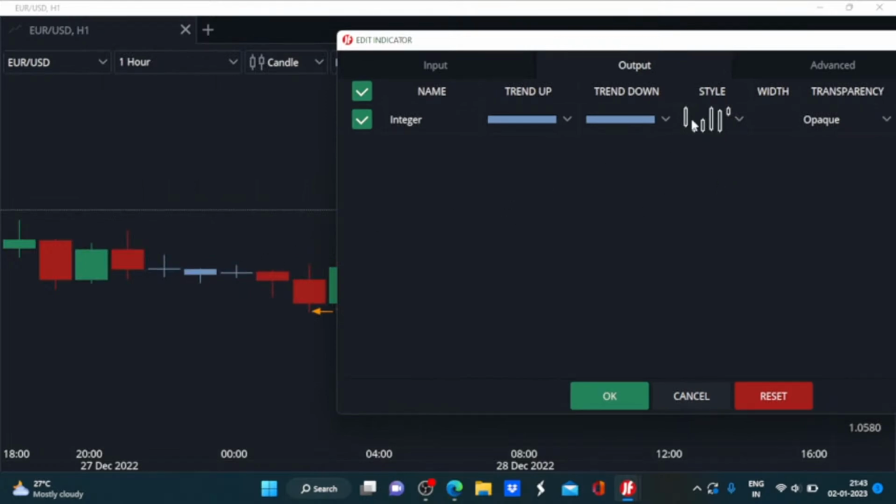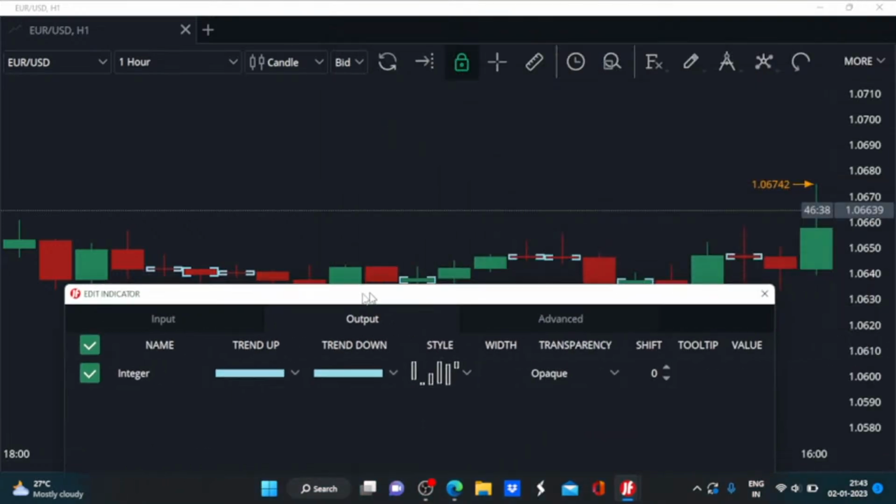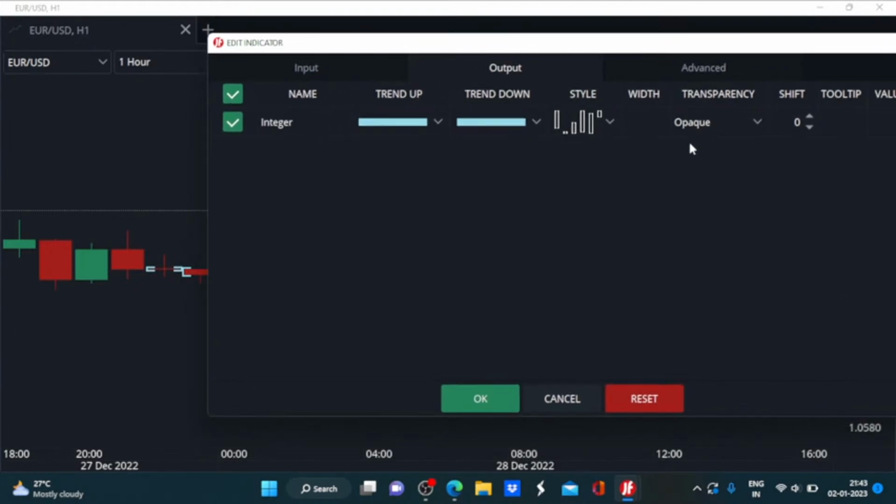Maybe you can go for this kind of filling up of the candle in the same color, or you can go for this bracket formation while the original candle stands. So that is a possibility. You can also play around with the color combination if you feel like. So this is also a possibility. The transparency factor can also be applied. You can go for increased or decreased transparency.